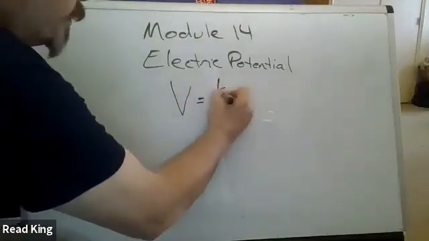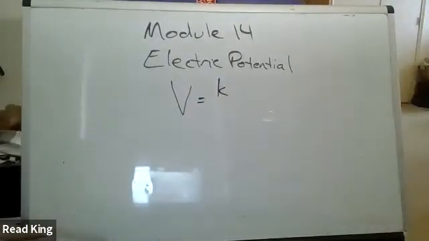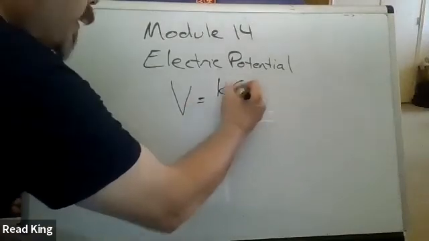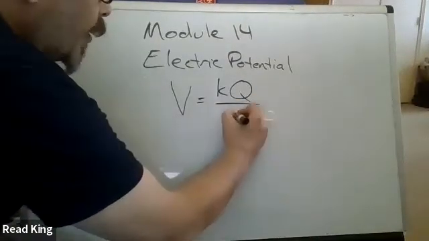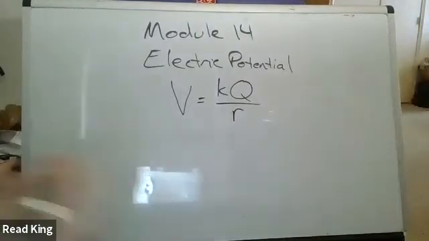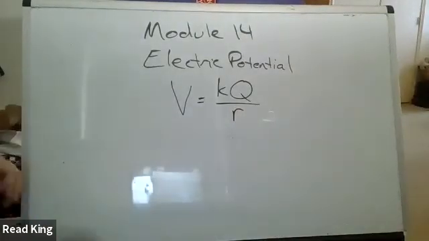That's going to be equal to this K constant we've been using, 9 times 10 to the 9 newton meters squared per coulomb squared, times the charge that is generating this electric potential, so the size of the hill, so to speak, divided by R, the distance we are away from this thing that's exerting this force upon us. So V is the electric potential, K is Coulomb's constant that we've used before, Q is the magnitude of the fixed charge, and R is the distance between the fixed charge and the moving one, or the other charge we're dealing with.